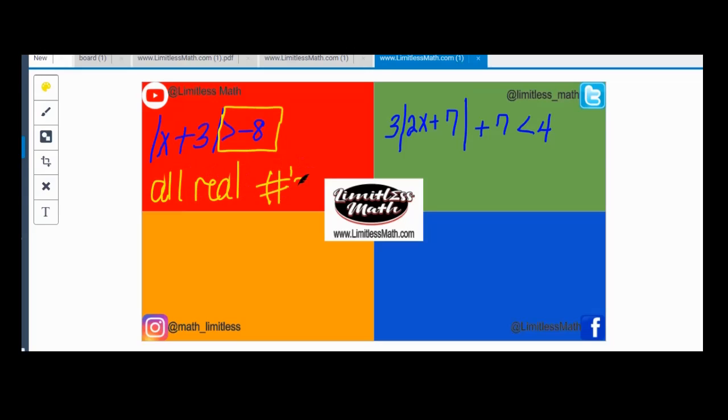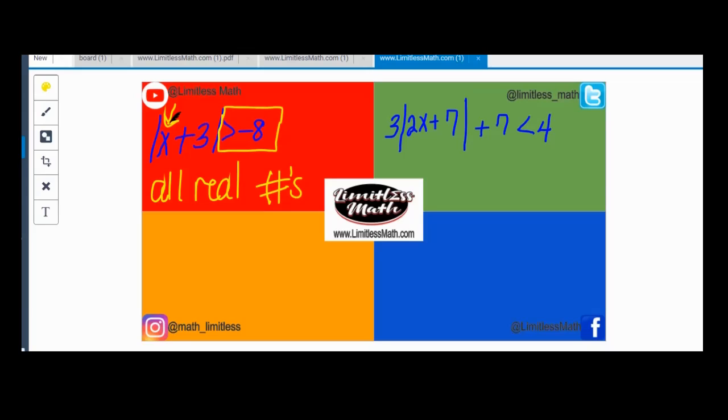Any real value could be x. Any possible real number could be the value of x. So we really don't need to take the time to solve it, because we can see that any number you can think of that's real will work.